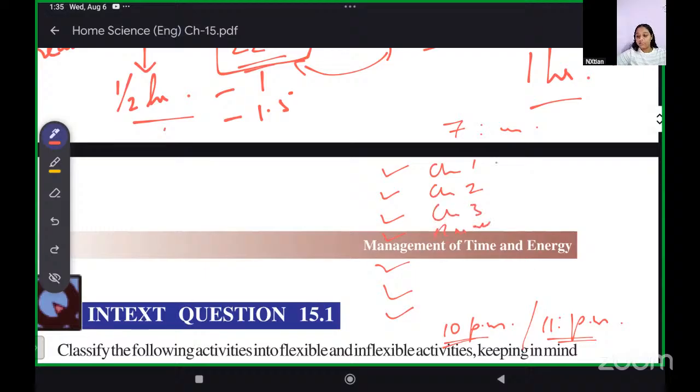Okay, that time only assign the time. 7 to 8 a.m., 8 to 9 a.m., 9 to 10 a.m., breakfast, break. Okay, you can put breakfast here also. Then half an hour, 10 to 10:30. Then here 10:30 to 11:30, chapter 4. So you can make your plans like this.